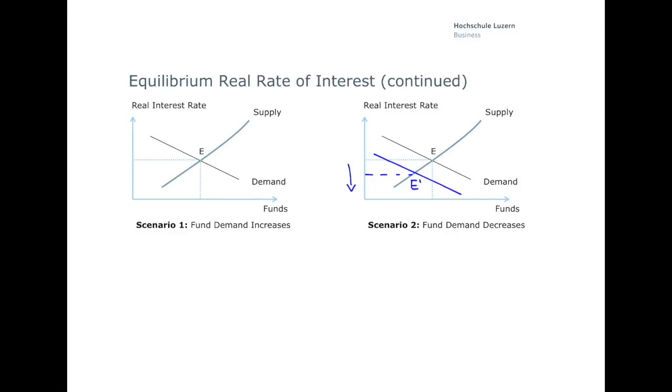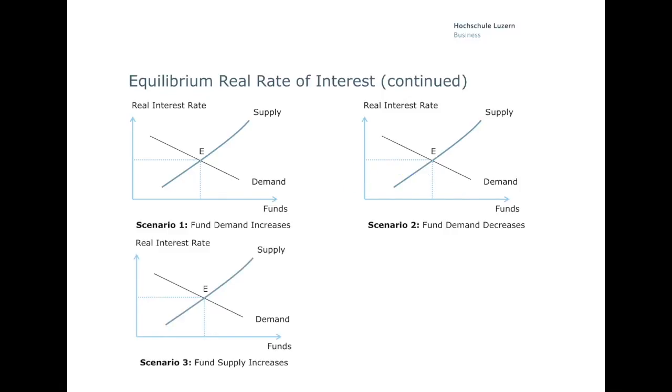In the third scenario, fund supply increases because of the Fed's expansionary monetary policy. The supply curve shifts to the right, resulting in a new equilibrium at a lower real rate of interest level.